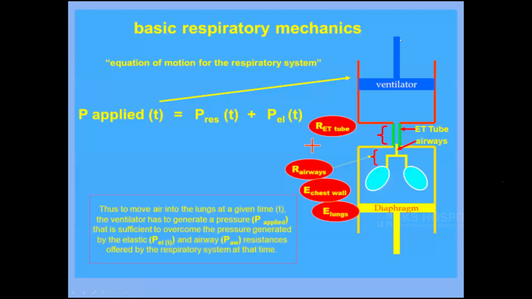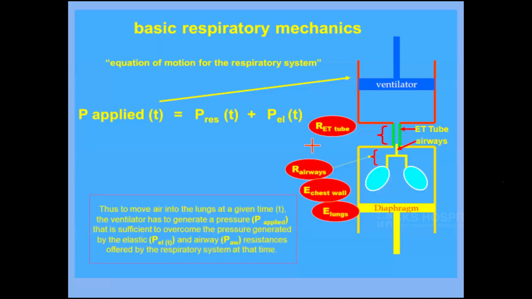Over the next few slides, we will look at how this pressure time scalar will help us delineate the clinical situation. For this, we will look at the equation of motion for the respiratory system.